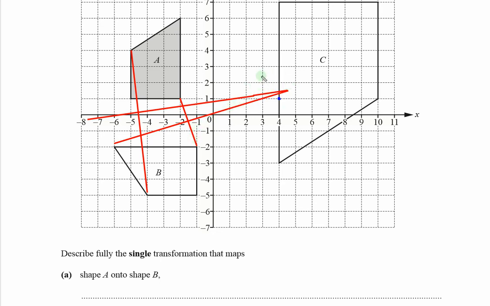So it should be somewhere here. So one, two, three, one, three. This point. This point here.